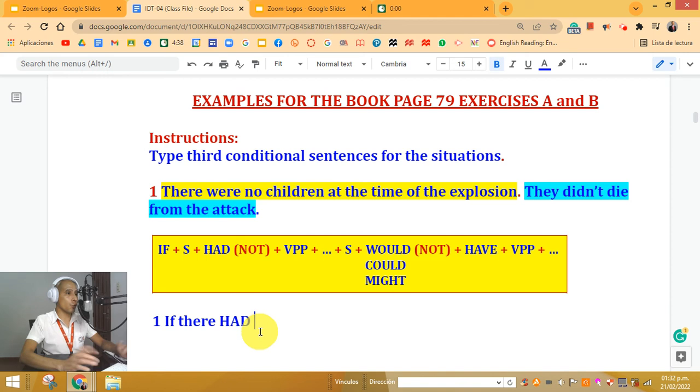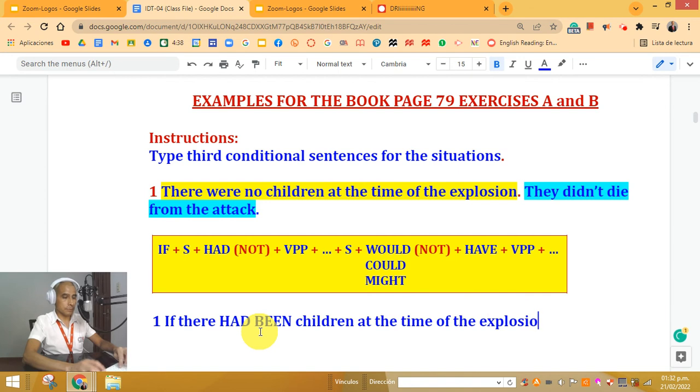I have to turn were into the past participle according to the formula. So I say, if there had been, and I continue, children at the time of the explosion, I need a comma. The subject would be they.